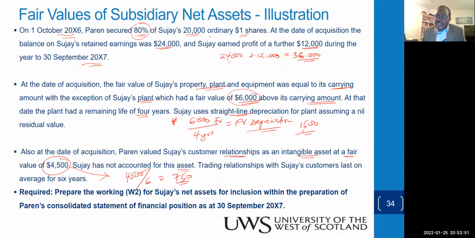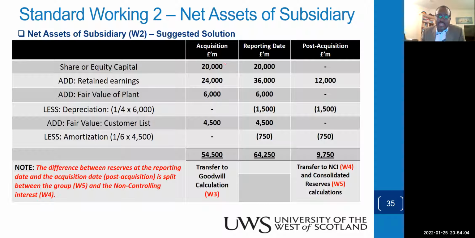So you remember that in the first instance, what we will deal with in terms of the subsidiary's net identifiable assets is to pick out its equity shares. Everything. So that's the 20,000, which still remains at the reporting date, and there's a nil element at post-acquisition.